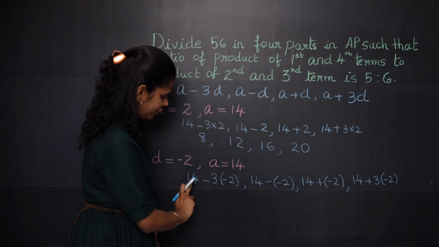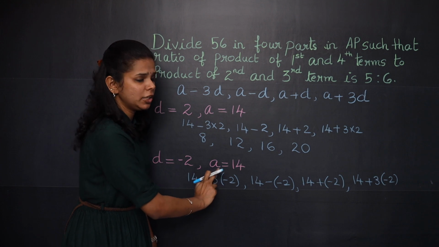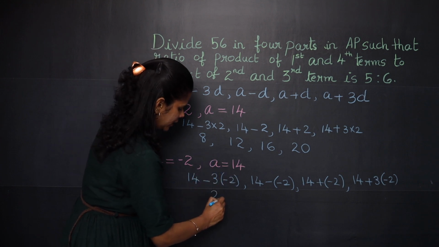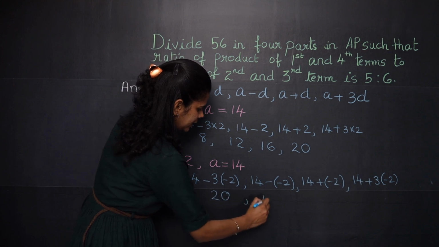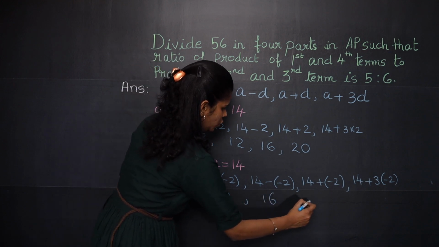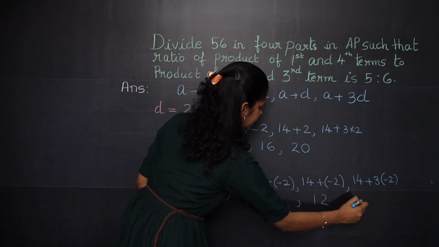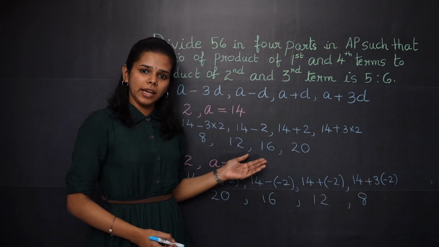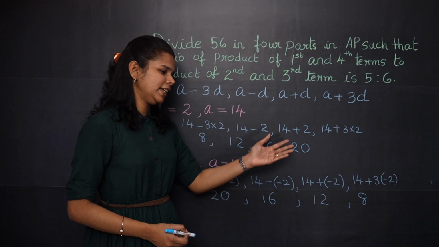So this will be 14 minus 3 into negative 2. So 14 plus 6, 20, 16, 12 and 8. So the parts are 8, 12, 16 and 20.